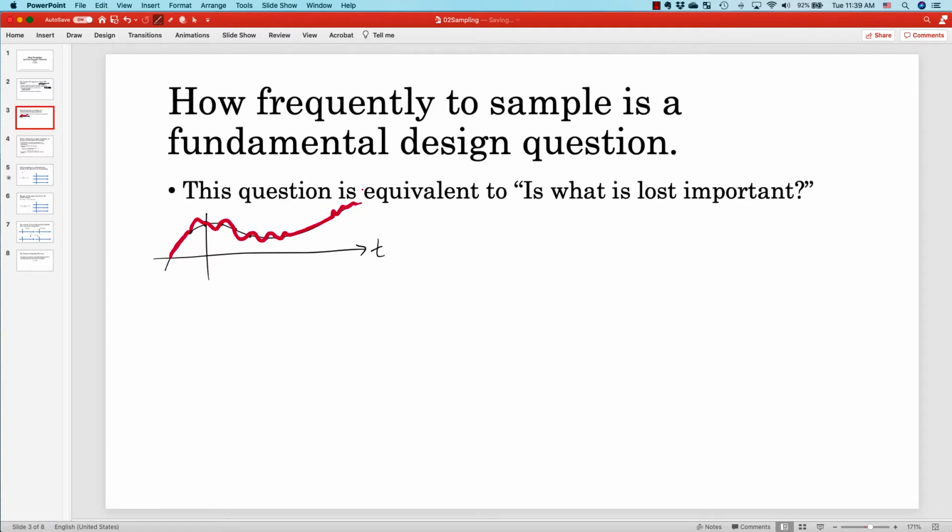Right, so clearly if I just hand you the dots, then you can't tell, in this case, whether they came from the black curve or the red curve, which are two continuous time signals. And there's nothing we can do about that. It's a fact of life. The question I'm asking here is, is it important that they came from the black curve or the red curve? And the answer to that is going to be context dependent.